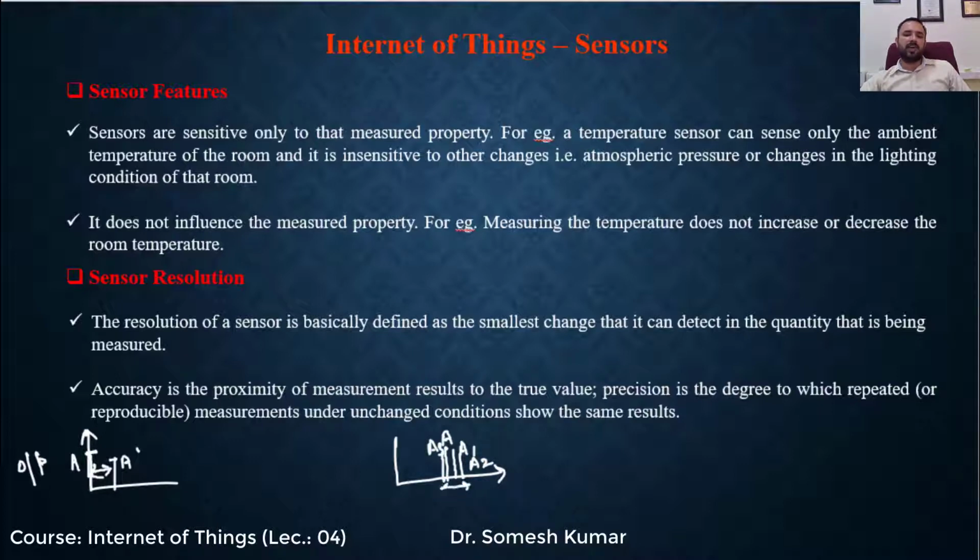This is called its precision. Precision is the degree to which repeated measurements under unchanged conditions show the same results. Means at different times, under the same conditions, how close these results are to each other. This is called the precision.